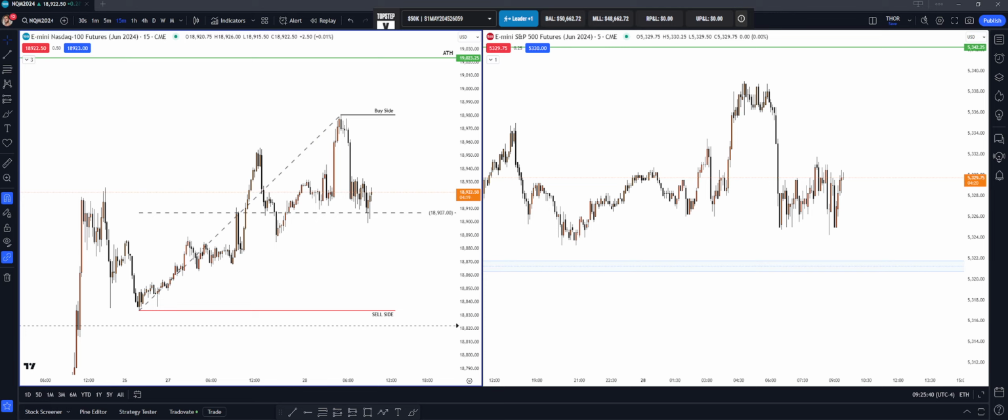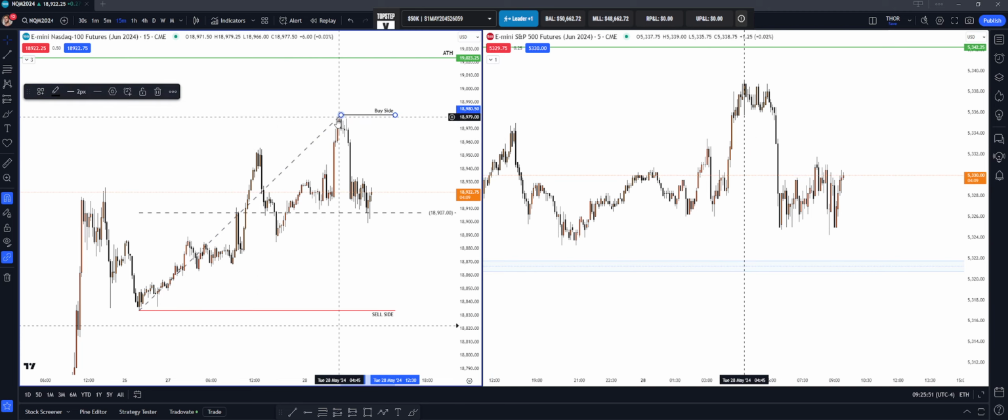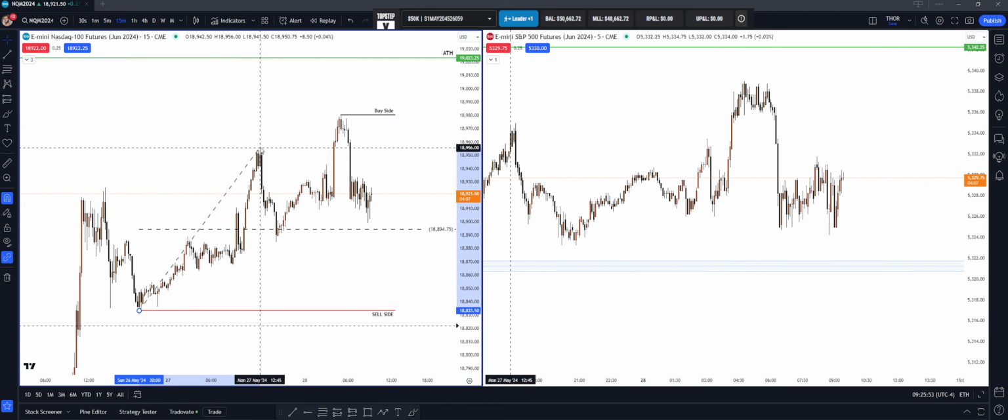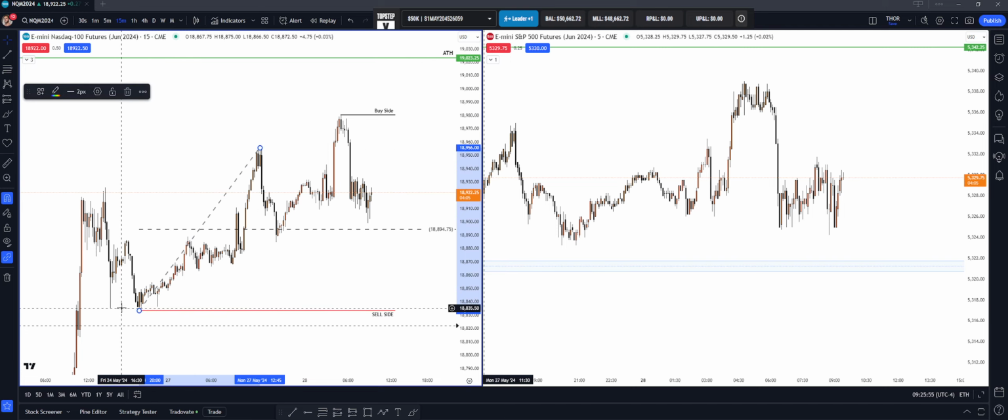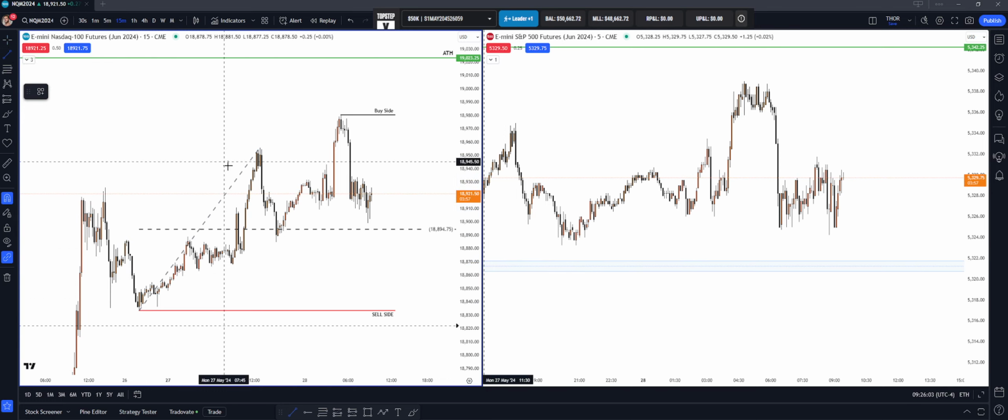Yeah, I missed a long silver bullet. Never take him, but I mean the PA was there though. So here, the dealing range, S&T came down into discount and delivering to buy side during London. And this is also like the confirmation.